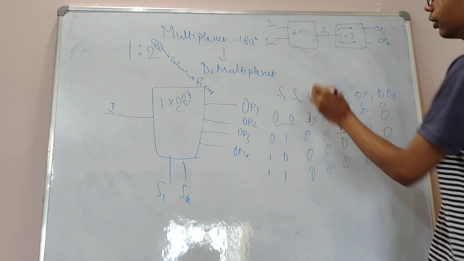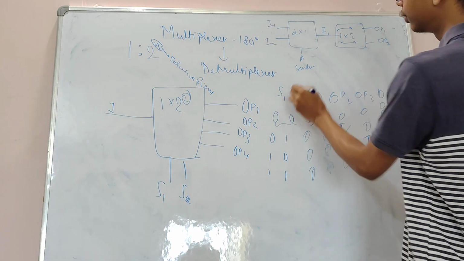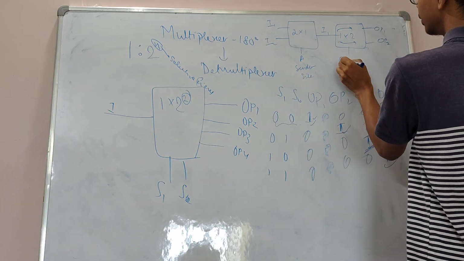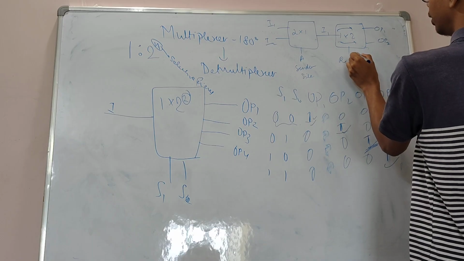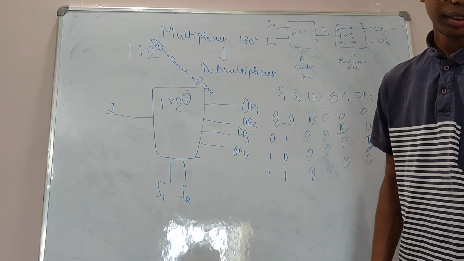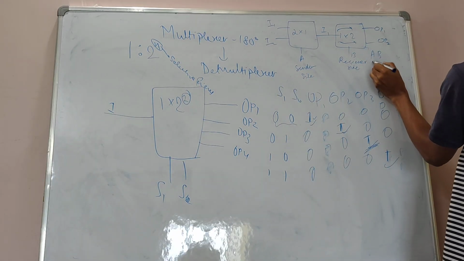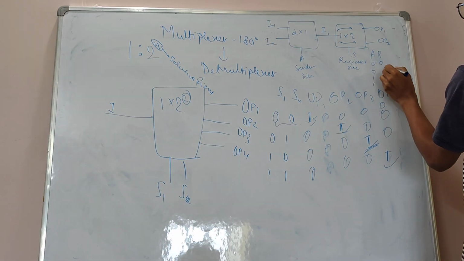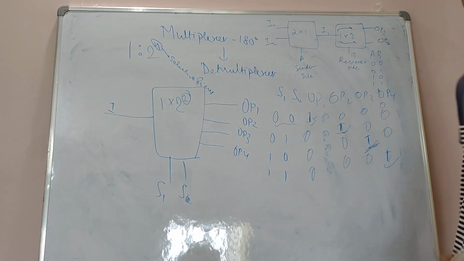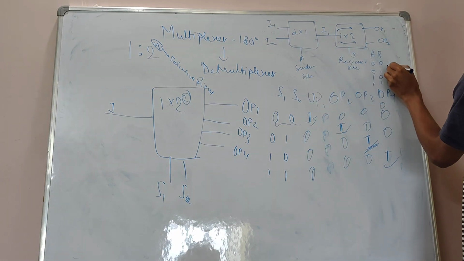And I will have a sender side and a receiver side. Suppose my A and B are 0, 0, then 0, 1, then 1, 0.